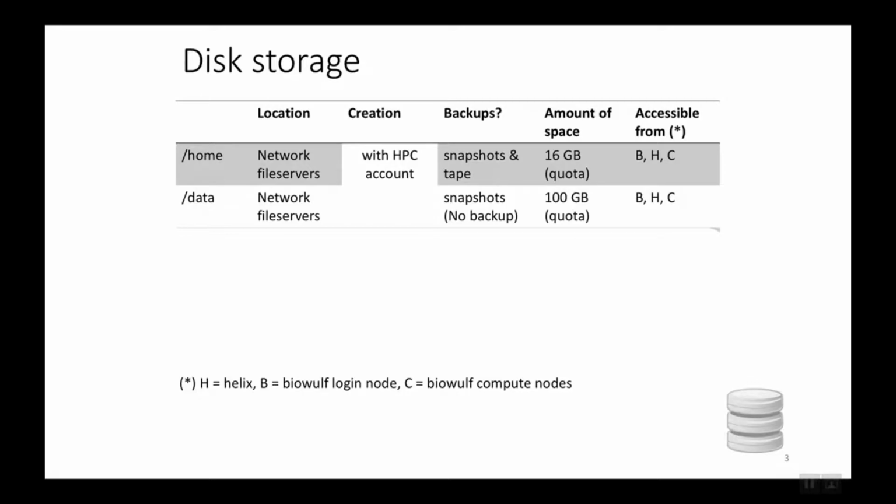However, you can request an increase in your data directory quota, unlike your home directory quota, which is fixed at 16 gigabytes. There is also the notion of shared data directories for if you are in a group of collaborators, for example, all of the members of a lab. We will discuss those further later in this video.